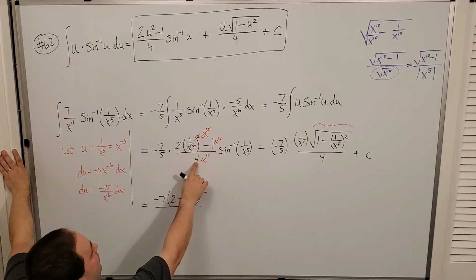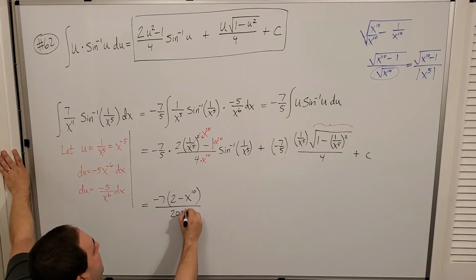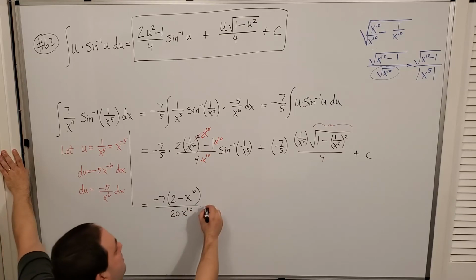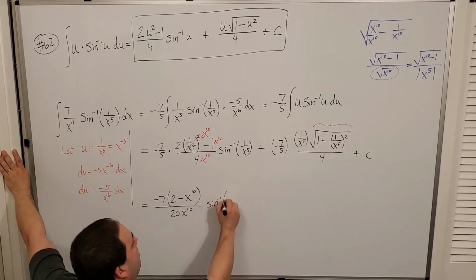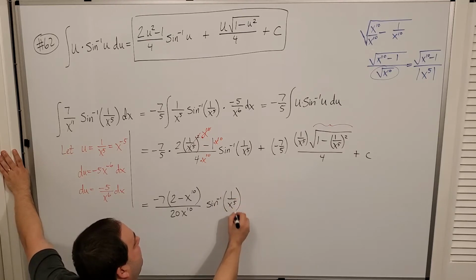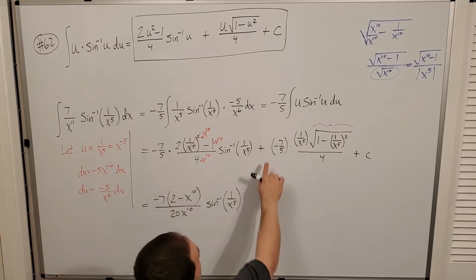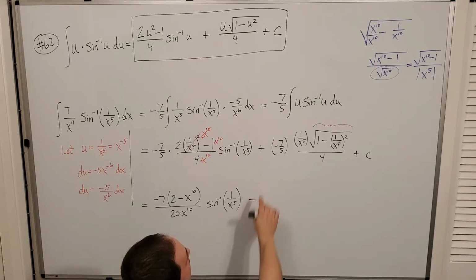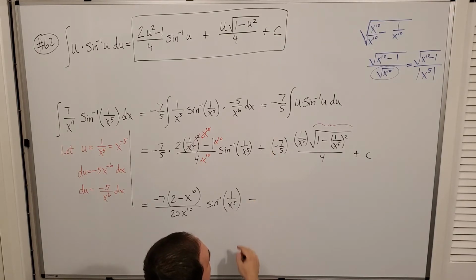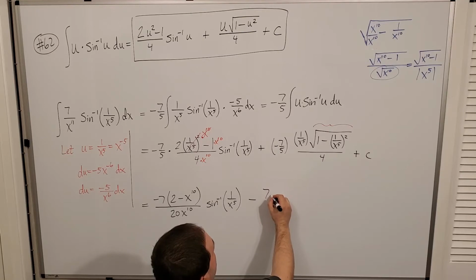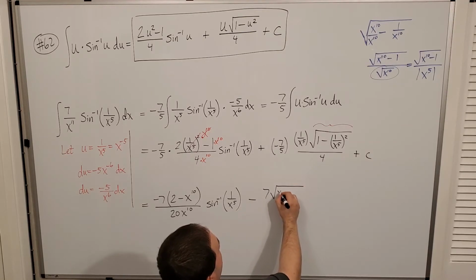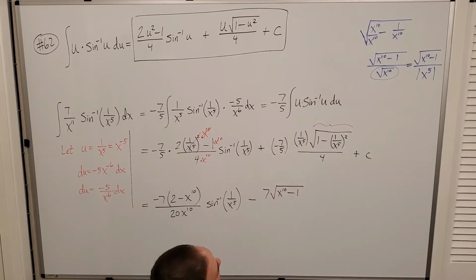And in the denominator, I'm going to have 20x to the 10 times the inverse sine of 1 over x to the 5th, minus, because of this, 7 times the square root of x to the 10 minus 1.